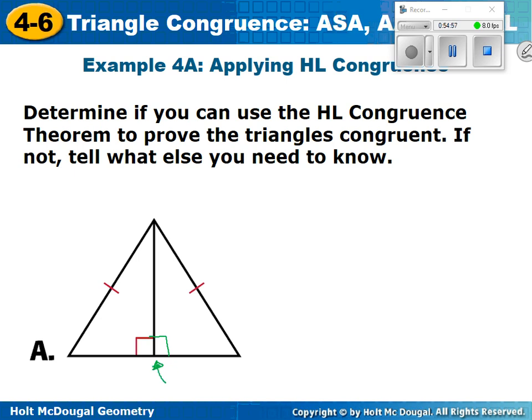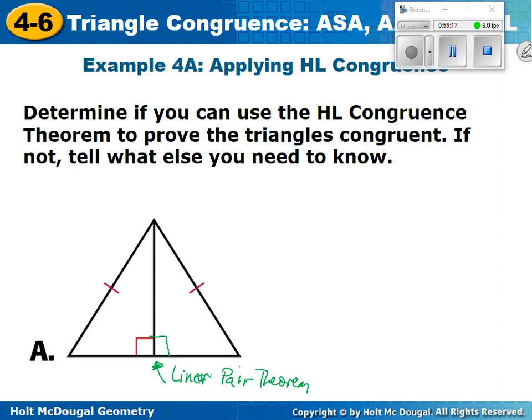Good. Linear pair theorem. We know that they both add together to be 180, so we know the other one has to be 90 degrees because they're supplementary.